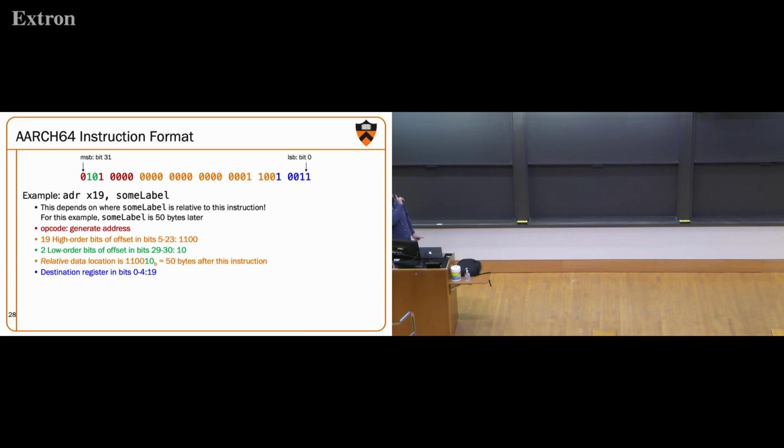So this instruction says, load up the address that's in memory 50 bits following this instruction and stuff it into register, whatever that is, X19. Sorry, just the way it is.